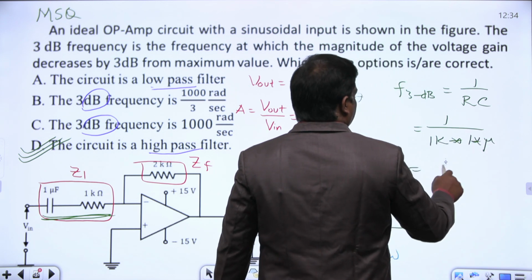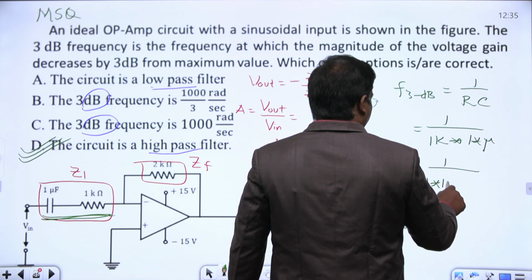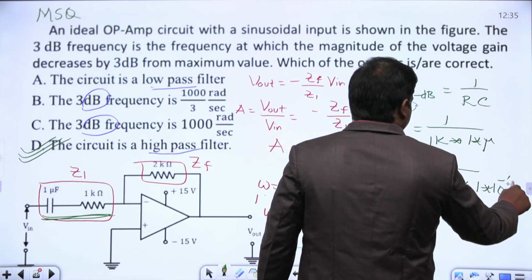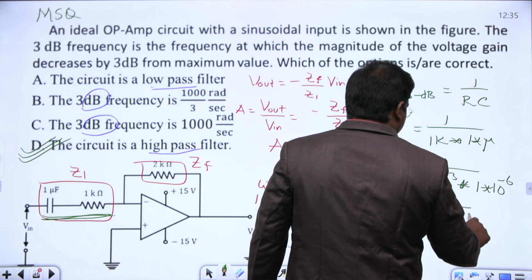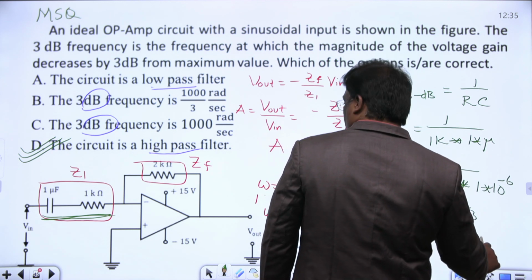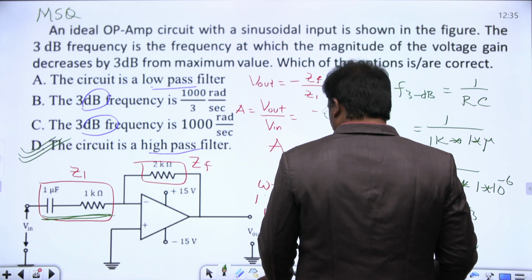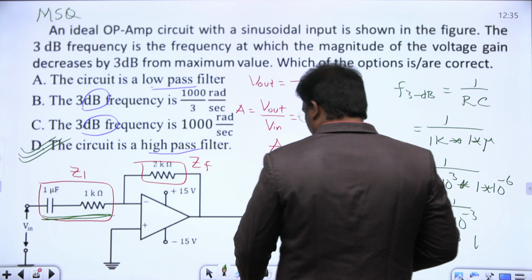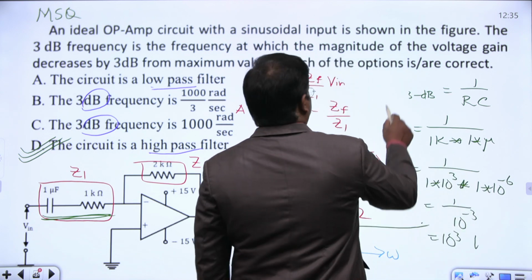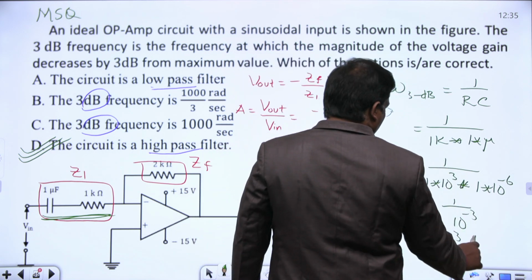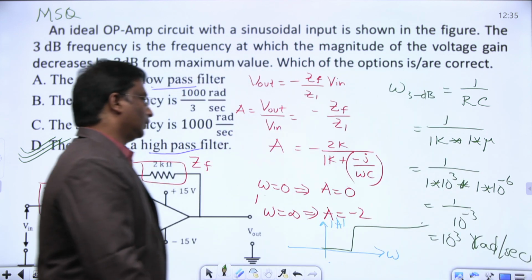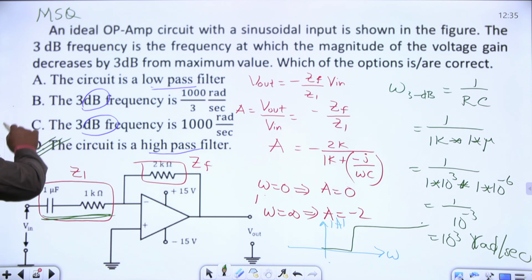So this is 1 by 1 into 10 cube into 1 into 10 power minus 6, or 1 by 10 power minus 3, which is 10 cube radians per second. This gives omega 3 dB. So 1000 radians per second is the right answer.